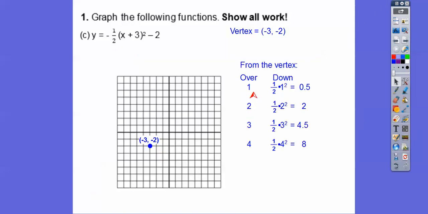If I go over 1, 1 squared is 1, but then times a half is 0.5. 2 squared is 4, but times a half is 2. 3 squared is 9. 9 times a half is 4.5. 16 times a half is 8. When I go from the vertex over these amounts, it's going to go that much down on each side right there. So there it is. There's that graph right there.